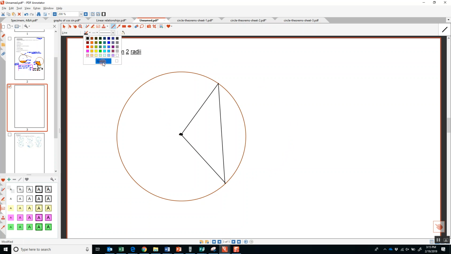Let's call this O. B. And let's say that angle AOB is equal to, it's not very well drawn. Actually, it doesn't really matter. Let's say 98 degrees.